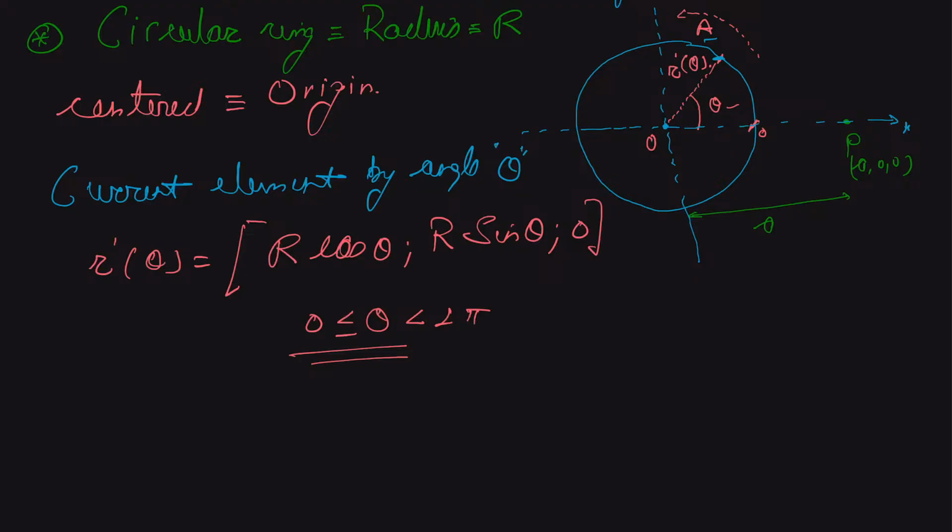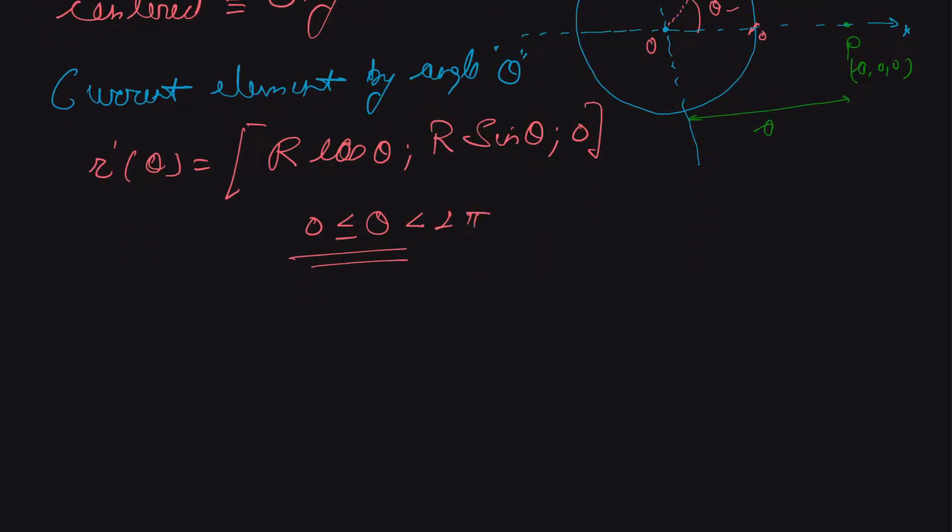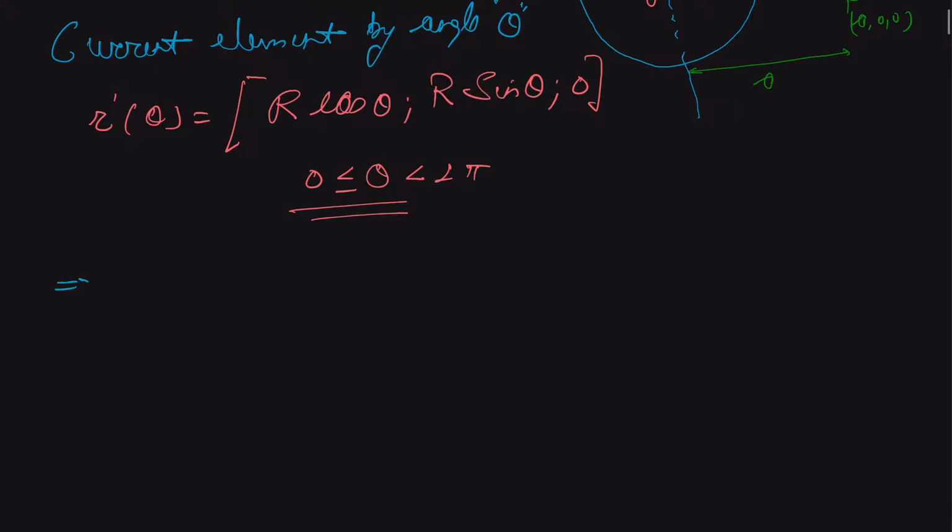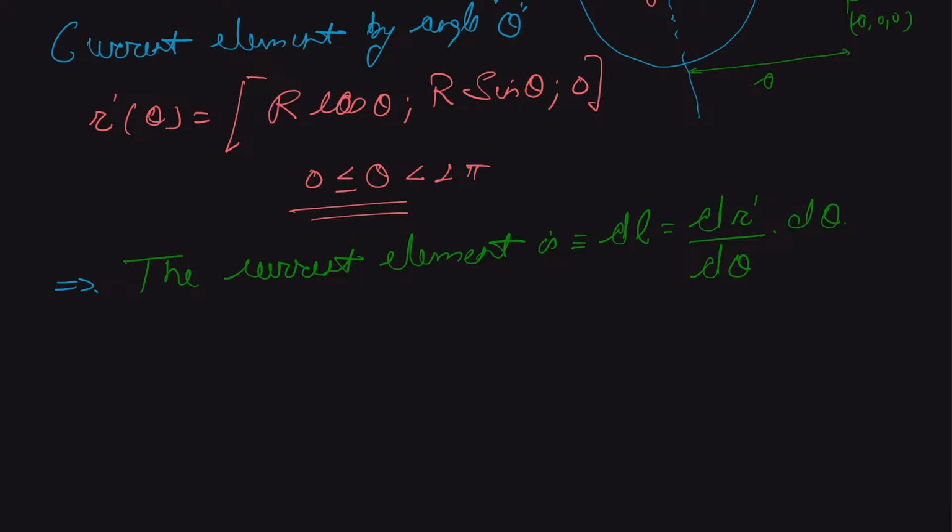Okay. From here, we can find out the current element. So let us suppose that the current element is represented as our dL. Then this dL can be written as d r prime by d theta times d theta.